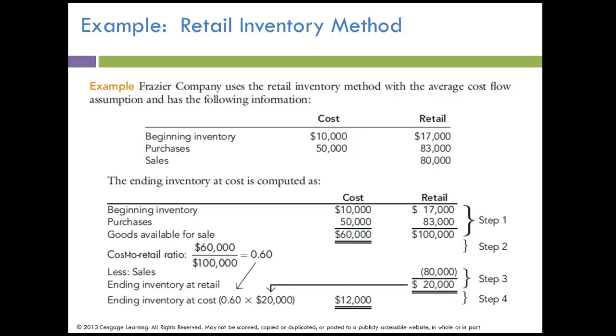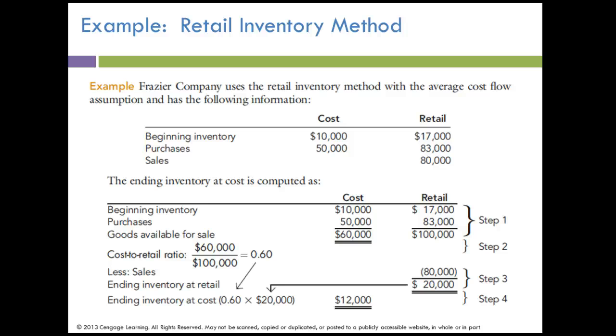So what we're going to do here is we of course start with the beginning inventory cost and retail, the purchases cost and retail, and then we've got our total, the summation of both the goods available at cost and at retail. So you can see here the cost to retail ratio is 60%, or we can say our margin there is 40%.